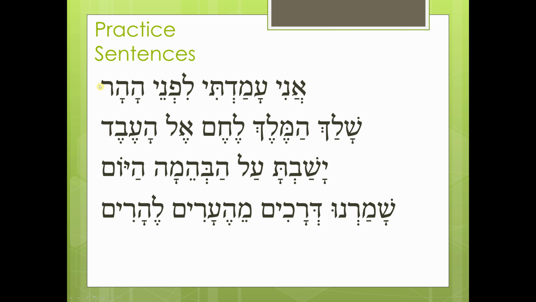Hahar. Any guesses here? Well, the hey here is a definite article, right? And then har is the word for mountain. I stood before the mountain. You can even properly translate this as I stood in front of the mountain to make it a little more colloquial. Okay, good. Good job.